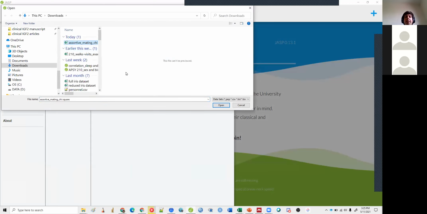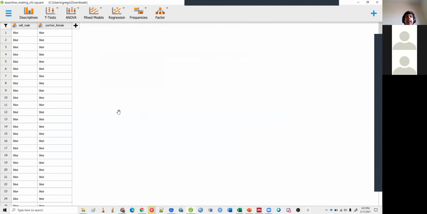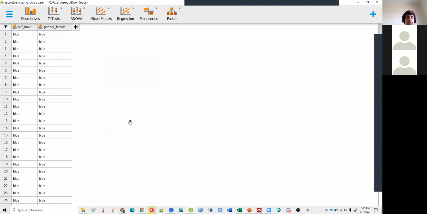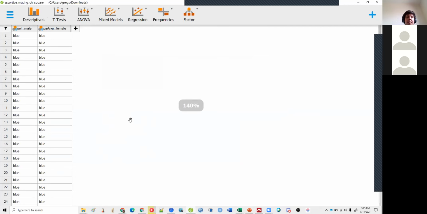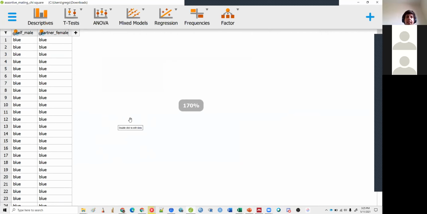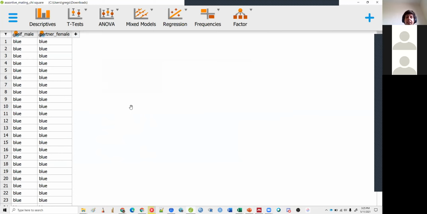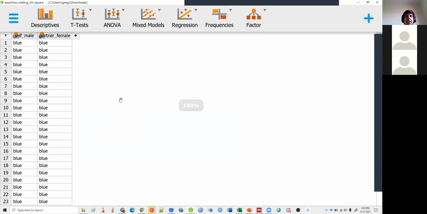We just downloaded this one called Assortative Mating Chi-Square. And ta-da, we have our data ready to look at. A cool thing about JASP is if you can't see the data well enough, if you hold the control key and click either plus or minus, it zooms in or out.